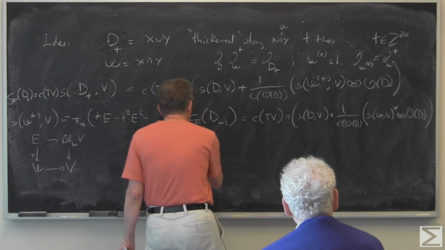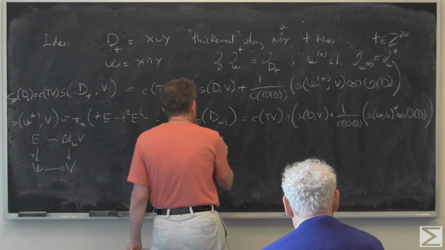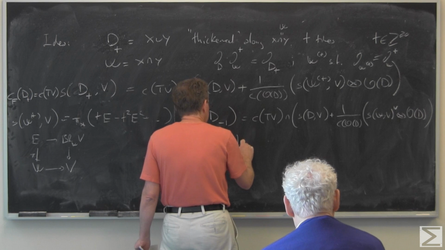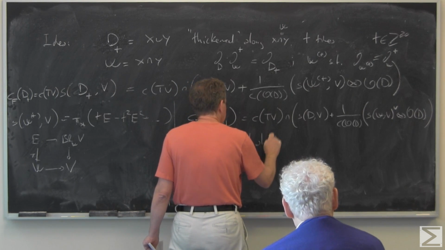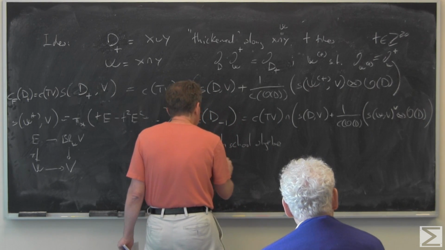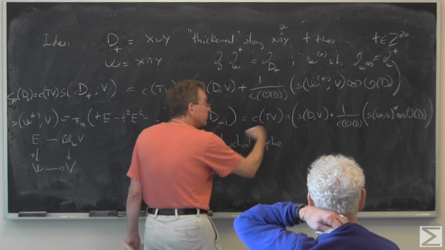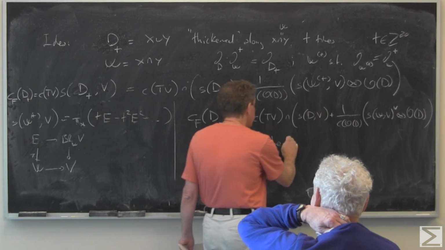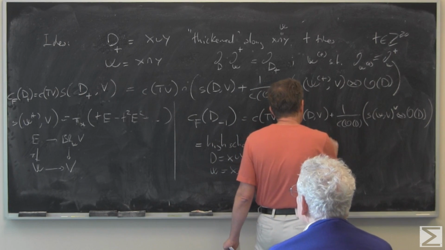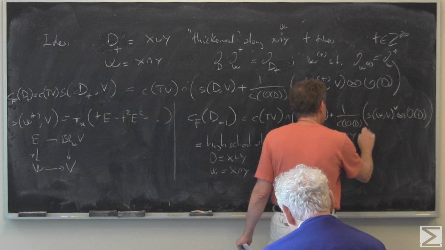And now what we don't have time for is the high school algebra. Because in this case, D is X union Y, W is X intersection Y, so I can do this computation. And magically, what you get is c of TV, X plus Y plus XY.